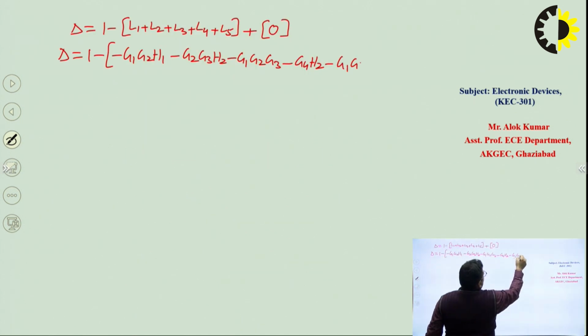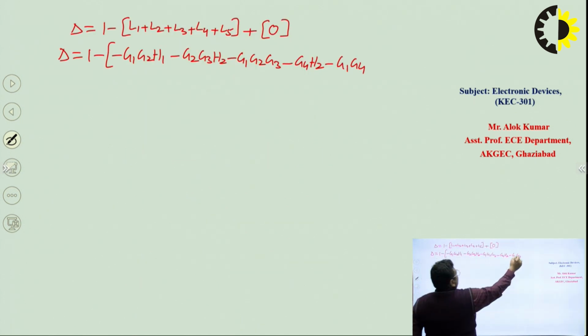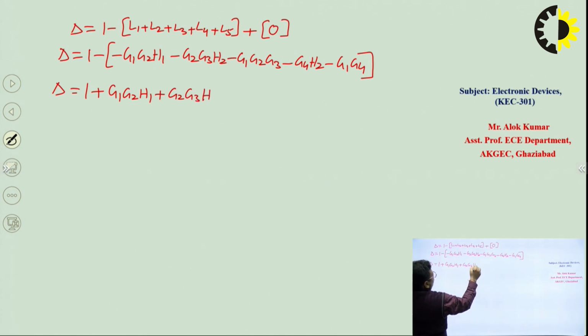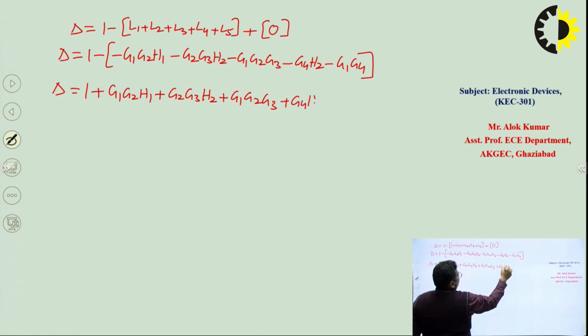If we take minus common, it will be 1 plus G1 G2 H1 plus G2 G3 H2 plus G1 G2 G3 plus G4 H2 plus G1 G4. This will be the value of delta.